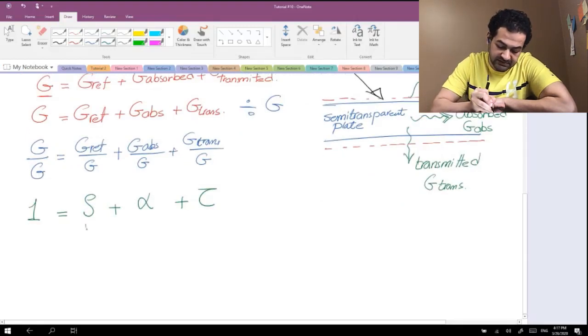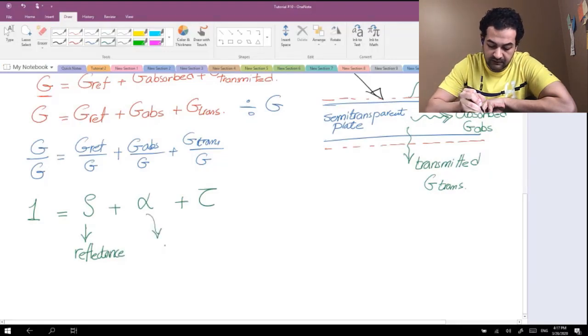So rho is the reflectance, all of those are factors, alpha is the absorptance, and tau is the transmittance.